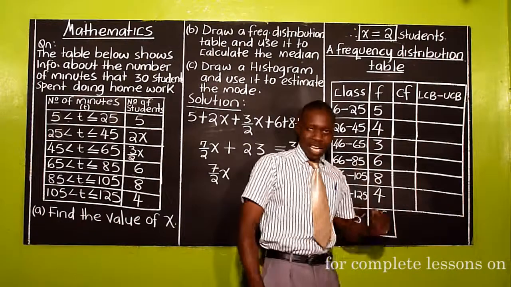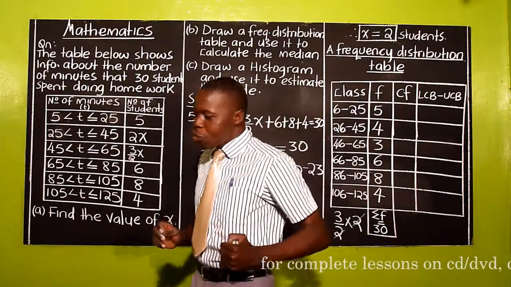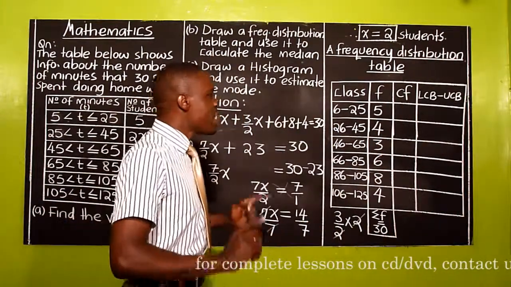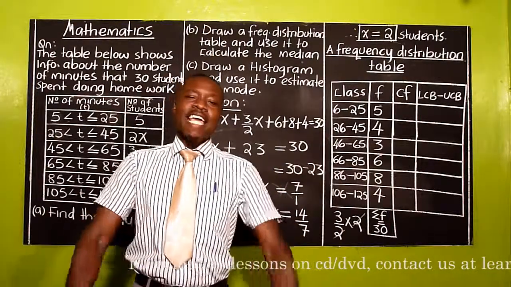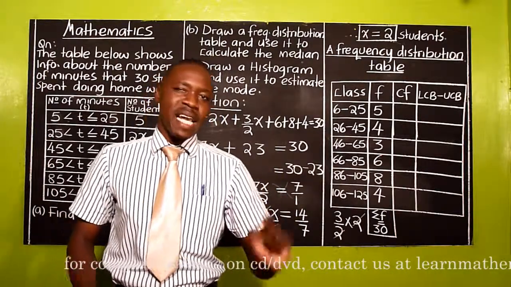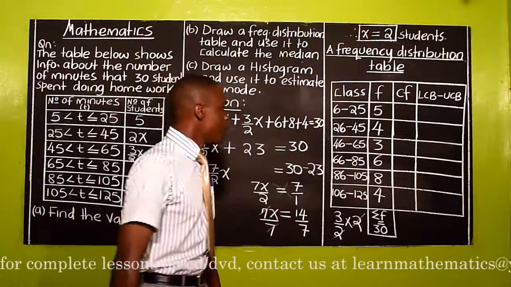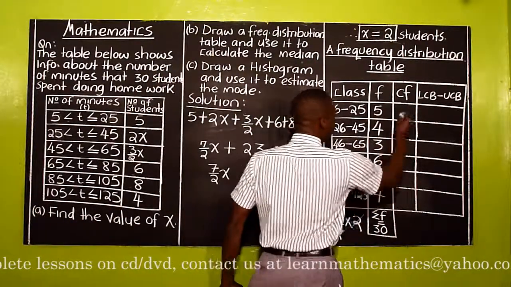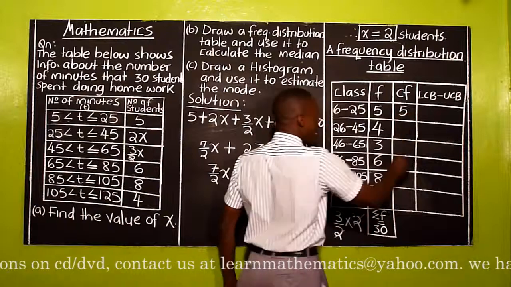Then cumulative frequency. Now, viewers, you need to know that always the first frequency is equivalent to the first cumulative frequency. So implying that if the first frequency is 5, then we have a 5 there.